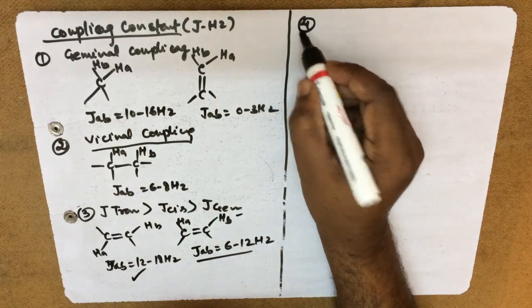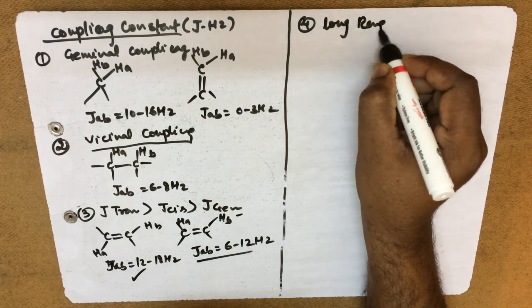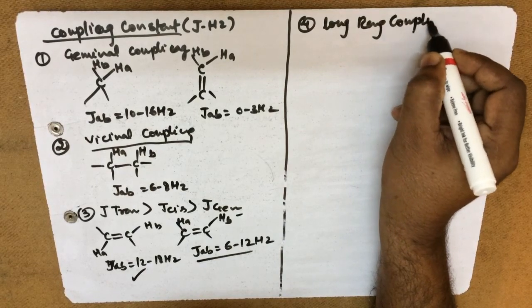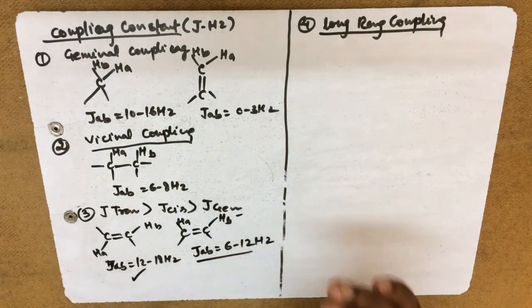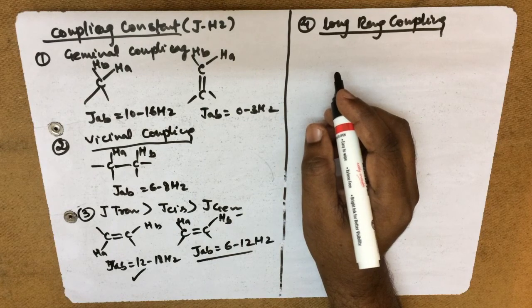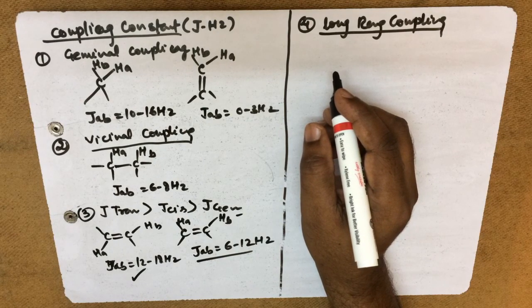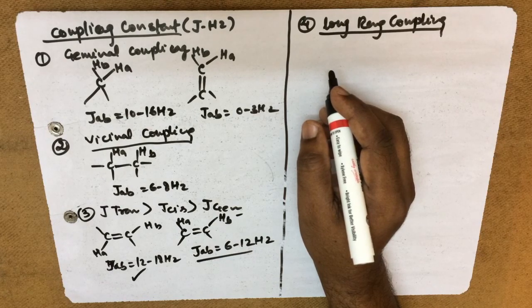Now fourth, long range coupling. Long range coupling is coupling between protons separated by more than 3 bonds, which may occur in olefin, acetylene, aromatic, heteroaromatic and strained ring systems.